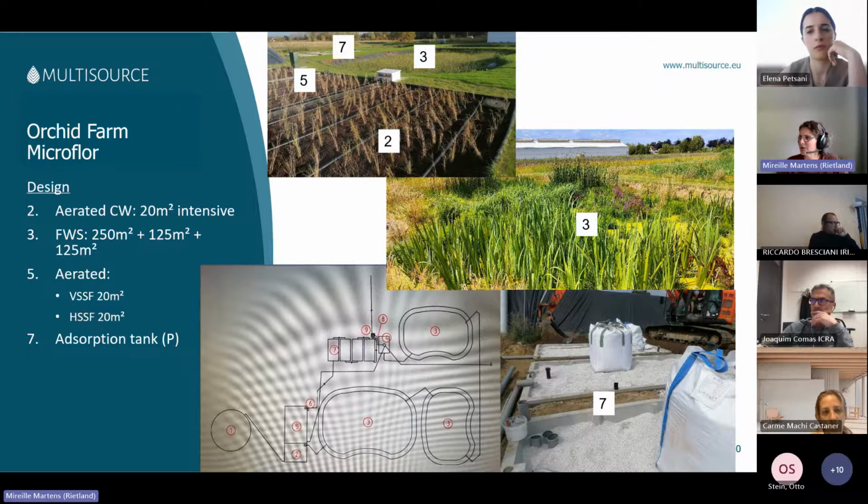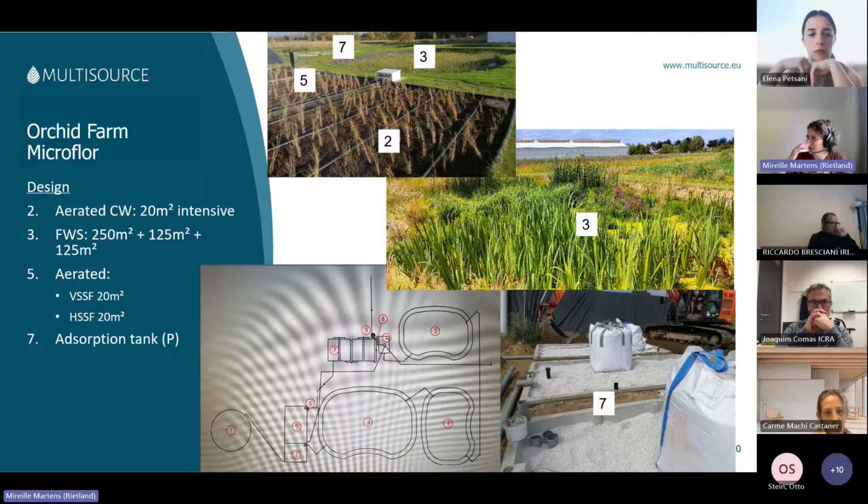After that, the water flows in series into 3 basins, 3 wetlands, the free water surface. And the first one is 250 square meters, and then the 2 later on are 125 square meters. So you can also see the pictures with the 3 on it.